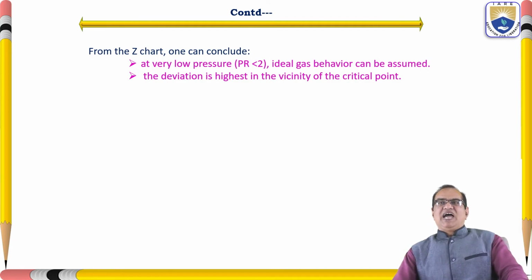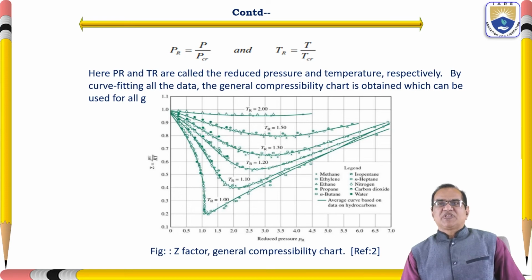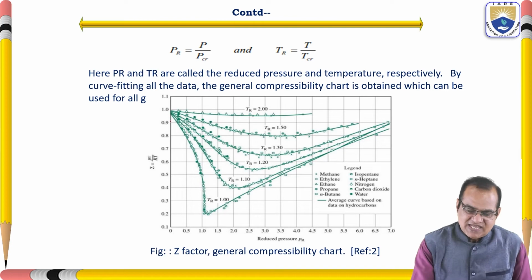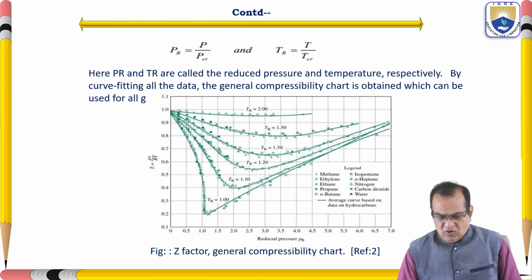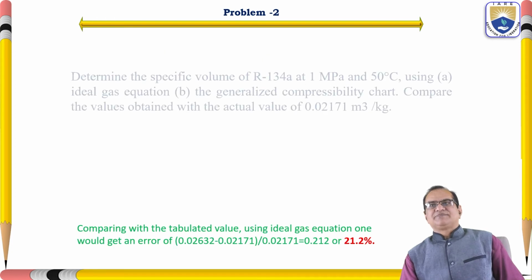The deviation is highest in the vicinity of the critical point, but at the critical point these things are very high. So if you see here, less than 2 means, if Z is less than 1, we can conclude that this is the ideal gas.